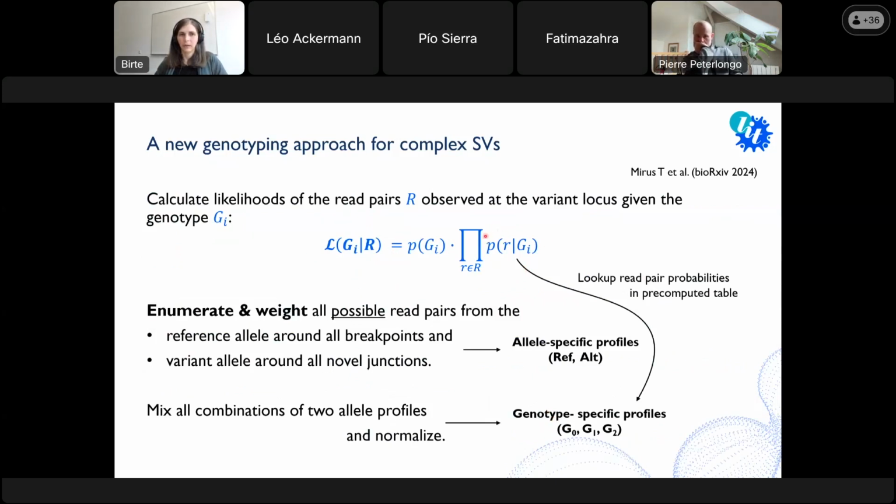So these are the probabilities we obtain from mixing the allele profiles and normalization. And then once we have a data set from a genome, it's just a matter of looking up the read pair probabilities in this pre-computed table.